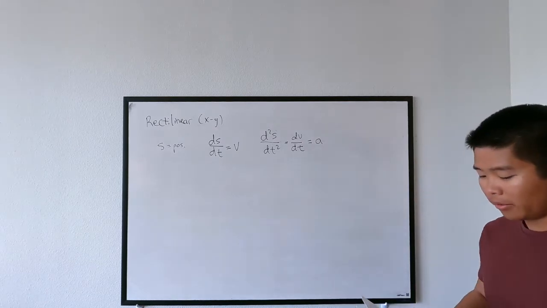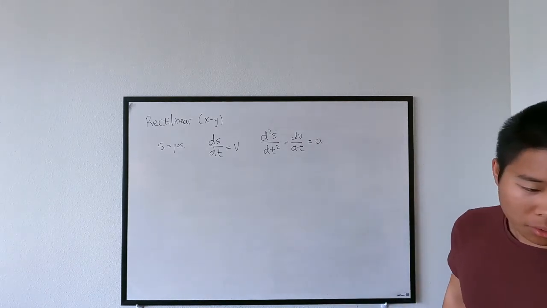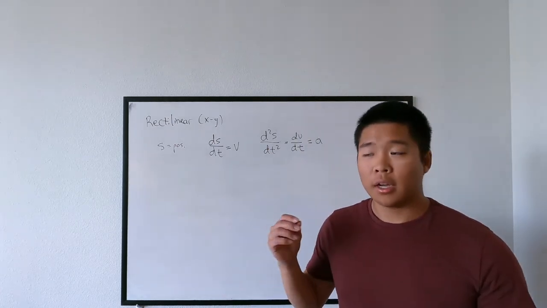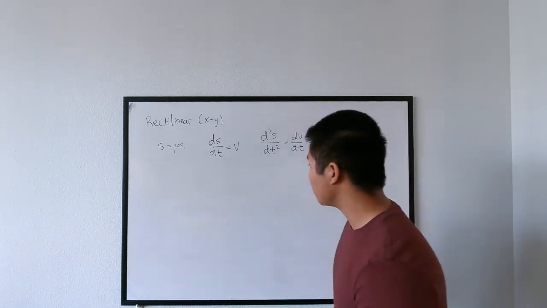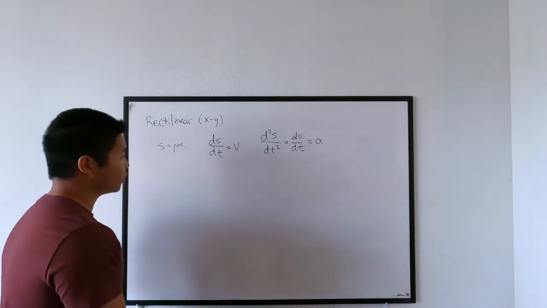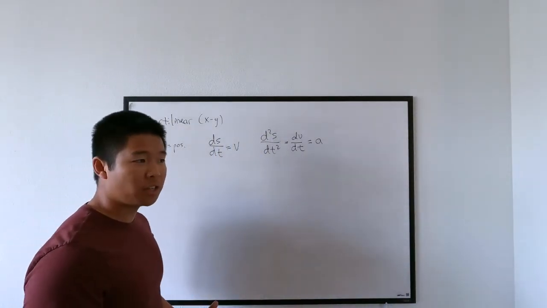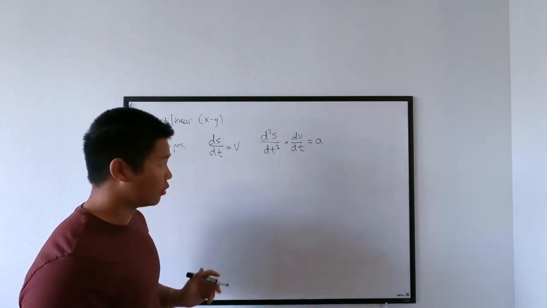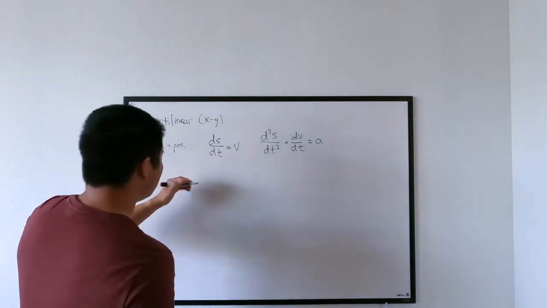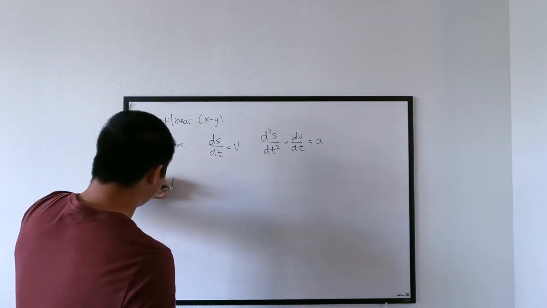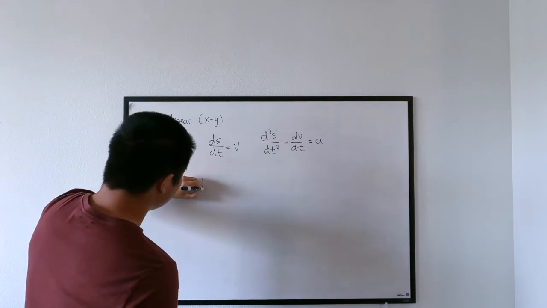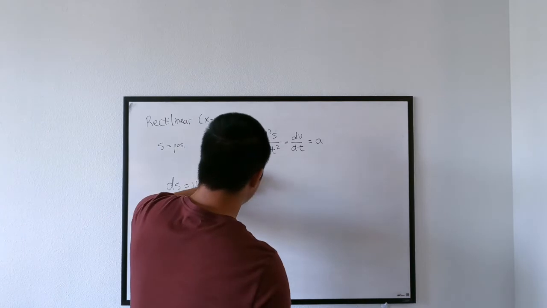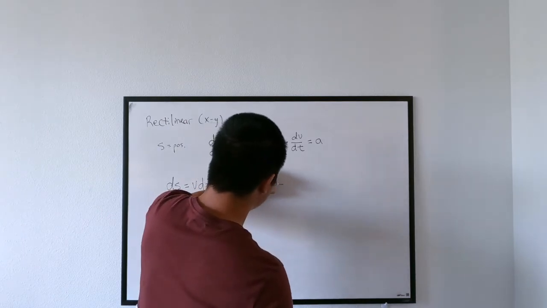Great. So from these equations, we can come up with some differential equations, and they're going to be relatively simple. You don't actually need to know the differential equations course in order to solve these. If I multiply dt to the other side, I get ds equals v times dt. And if I do the same thing here, I get dv equals a dt.